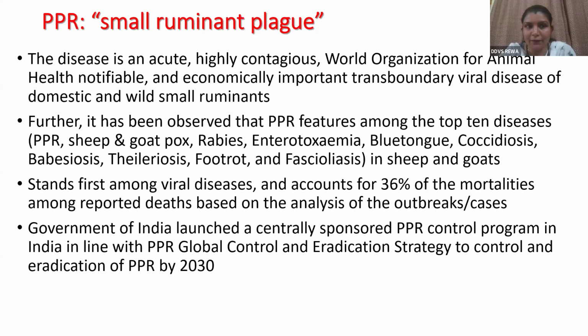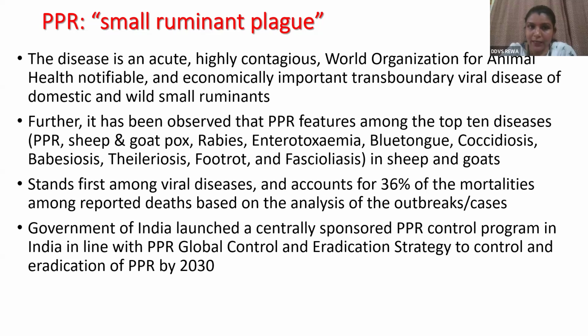OIE has categorized it as a notifiable disease, and it is also an economically important transboundary disease. In India, it also features among the top 10 diseases, including PPR, sheep and goat pox, rabies, enterotoxemia, blue tongue, coccidiosis, babesiosis, theileriosis, foot rot, and fasciolosis in sheep and goat.